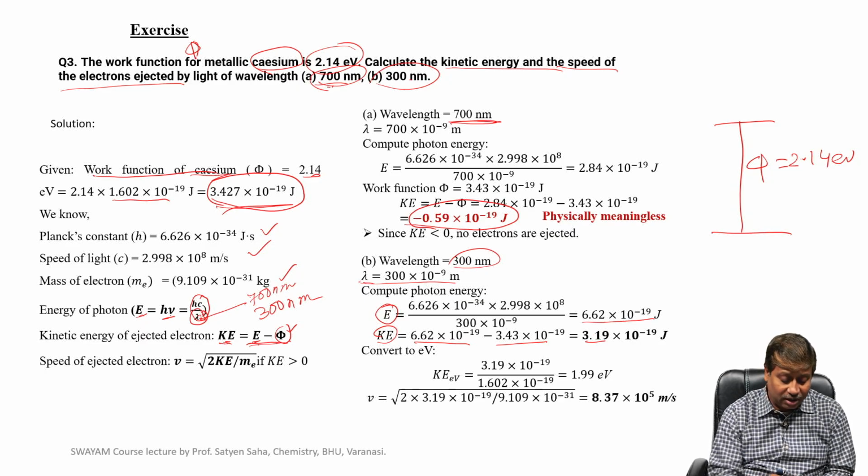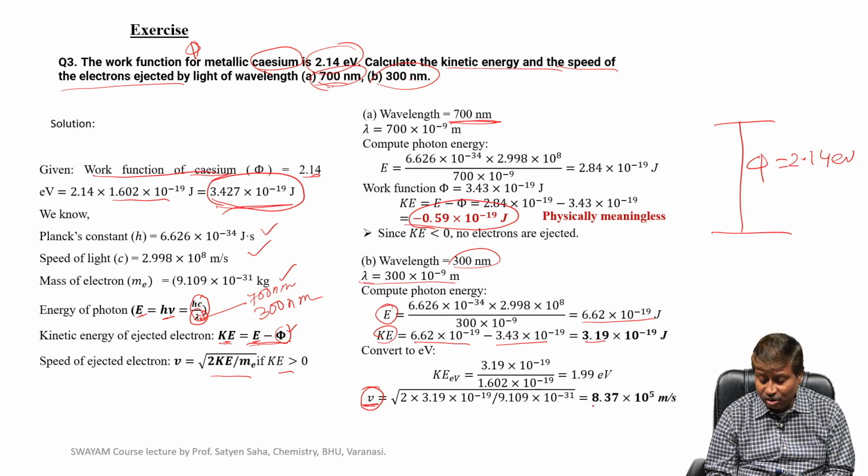If you use this to get the kinetic energy, then the velocity of the ejected electron will be, this is a positive quantity.